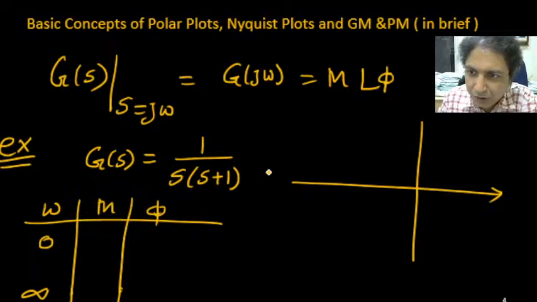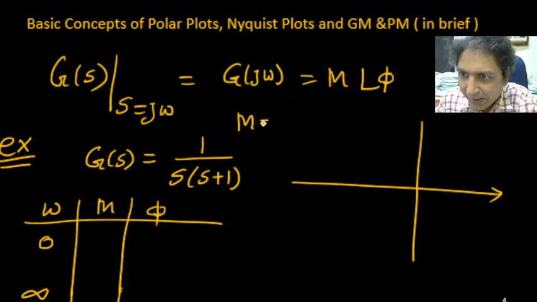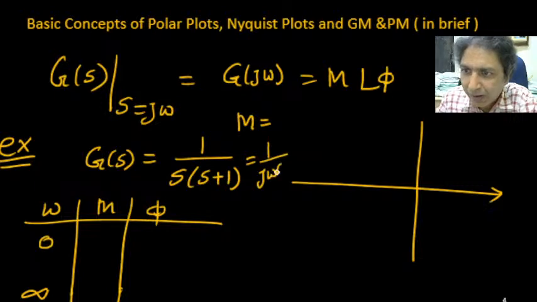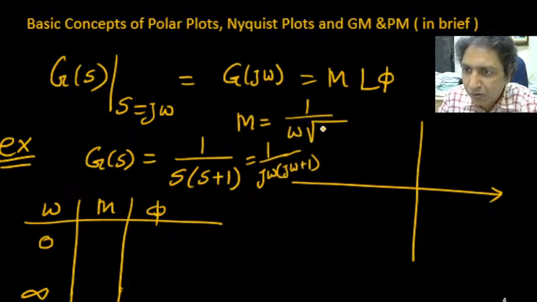So with omega equal to 0, what is the magnitude here? You can understand that this one is simply 1 upon j omega into (j omega plus 1), right? So what is the magnitude? 1 upon omega times square root of omega square plus 1.